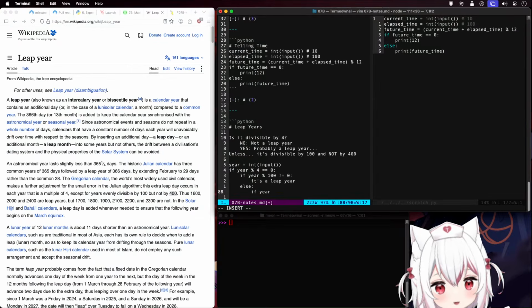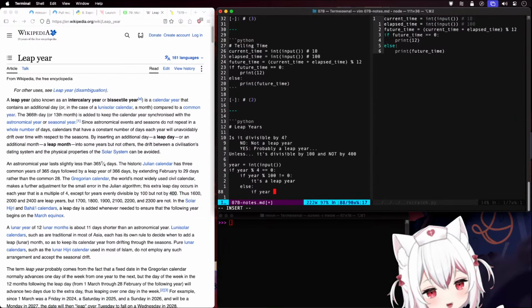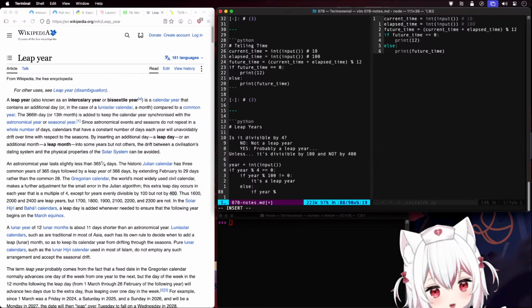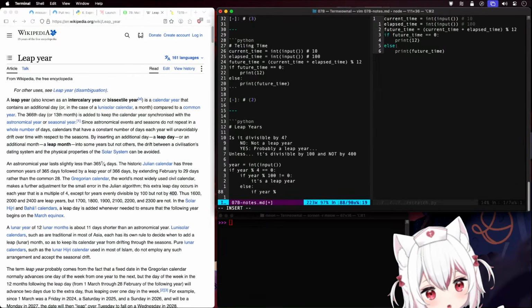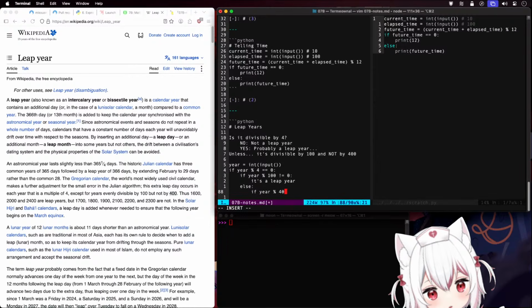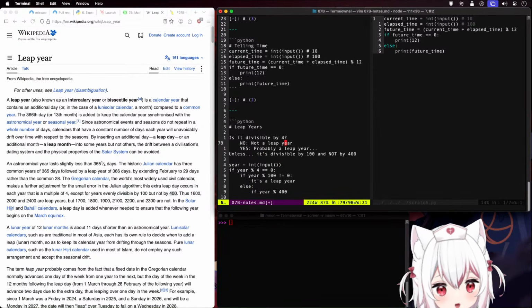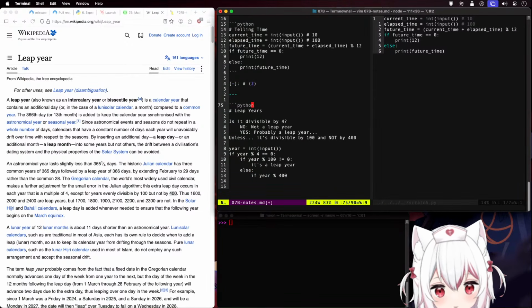So otherwise, if it is divisible by 100, evenly divisible by 100, if it's also... I don't understand what the base case is or whatever.